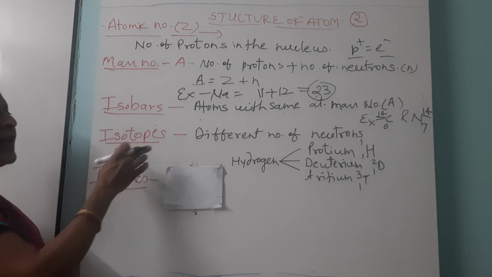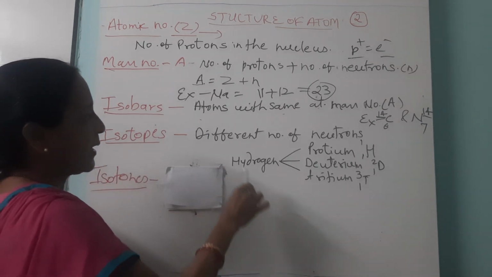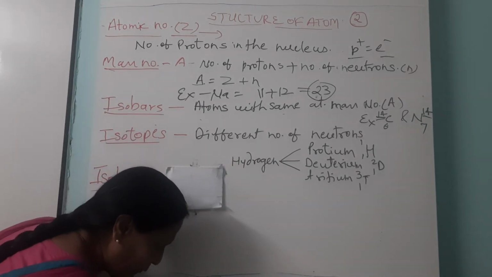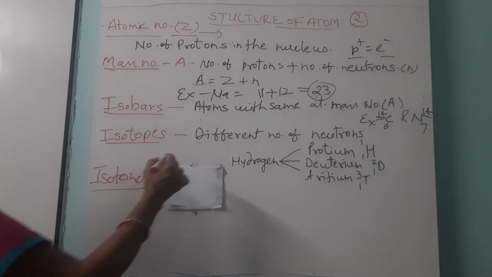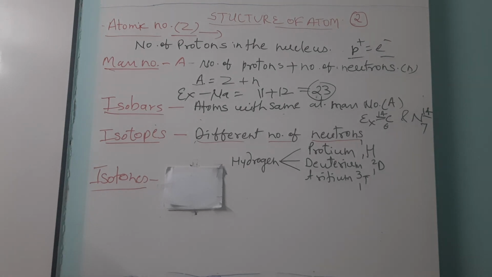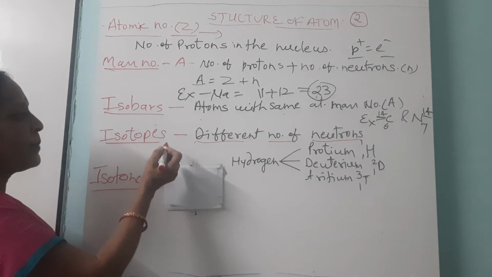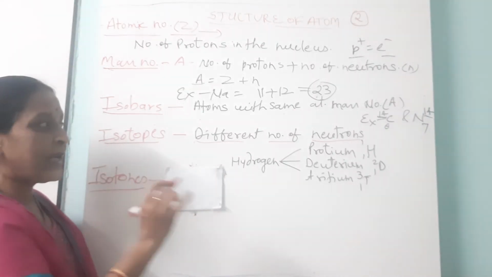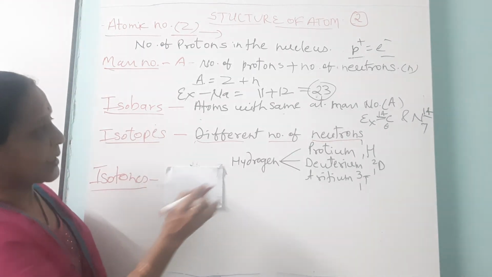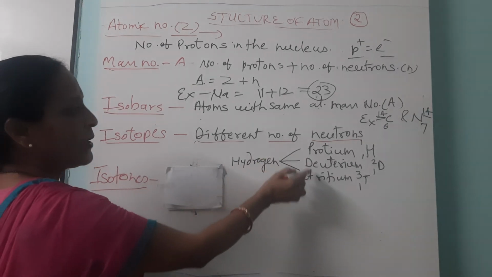This also you know very well, in 10th standard we had already studied. Isotopes means the same element having a different number of neutrons, and they are known as isotopes of each other.